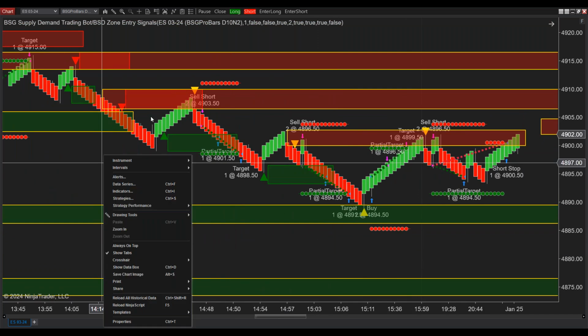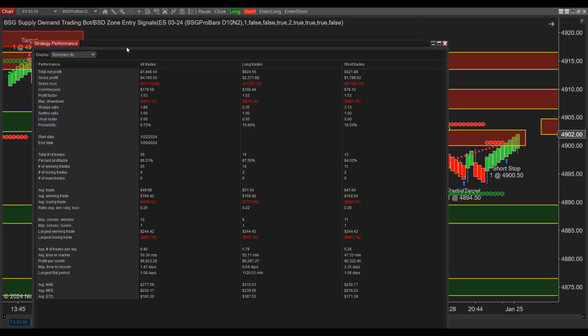Okay. Again, let's look at the performance for this one. This is from 2/0 to 2/6. It took 29 trades. I know a lot of people are interested in the percentage of profitability. I'm not. I have a separate video for that, because if I take 2 trades, I could lose money in 1 trade and make money in the second trade.